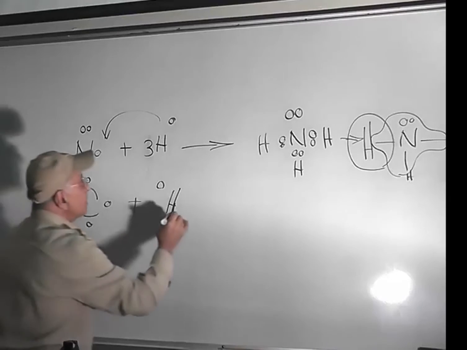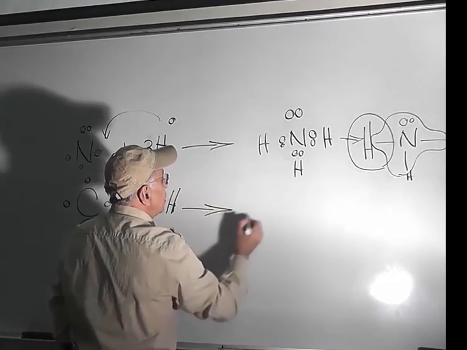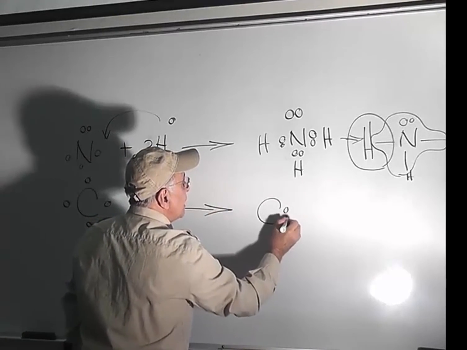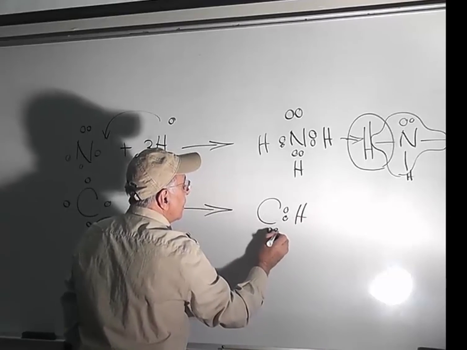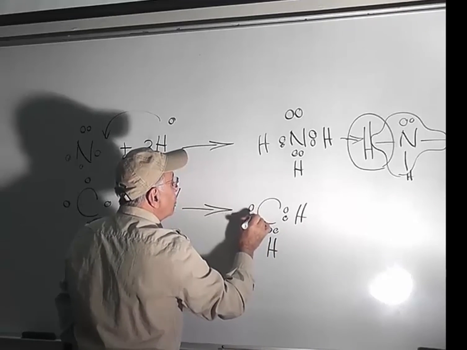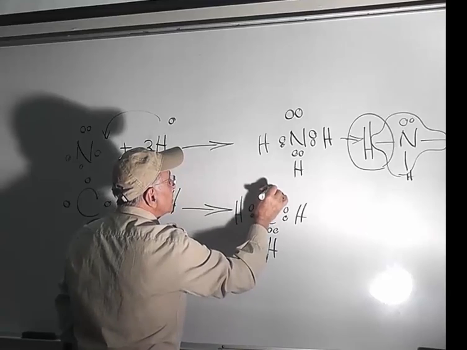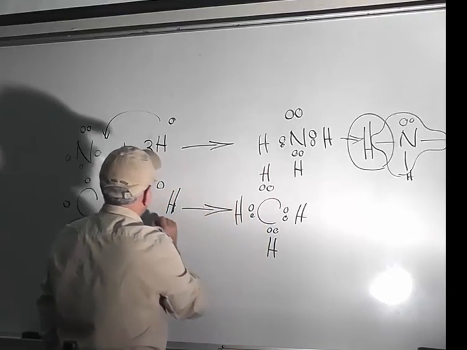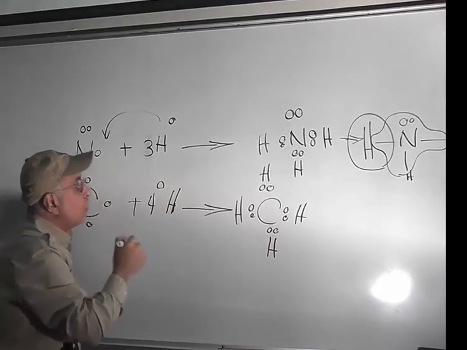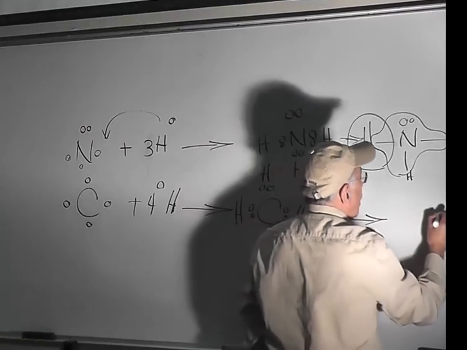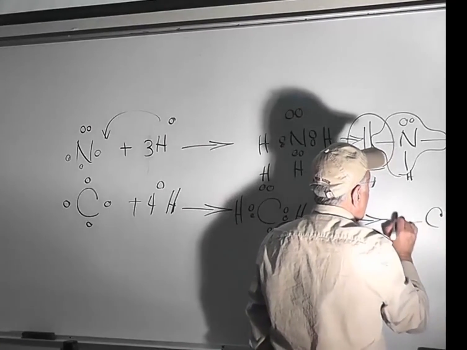So when they react together, you are going to have a carbon which has made 4 bonds with 4 hydrogens. So this is the structure of natural gas, methane.